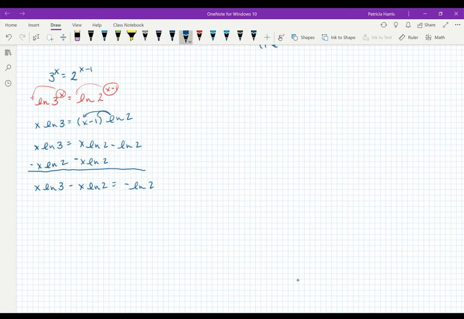Okay, so now see how these are common? We can factor that out. Remember, natural log of 3 minus natural log of 2 is just a number, so we're going to divide.